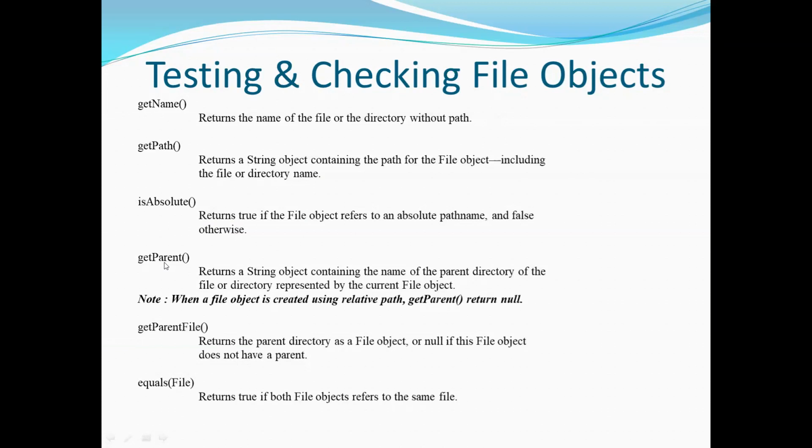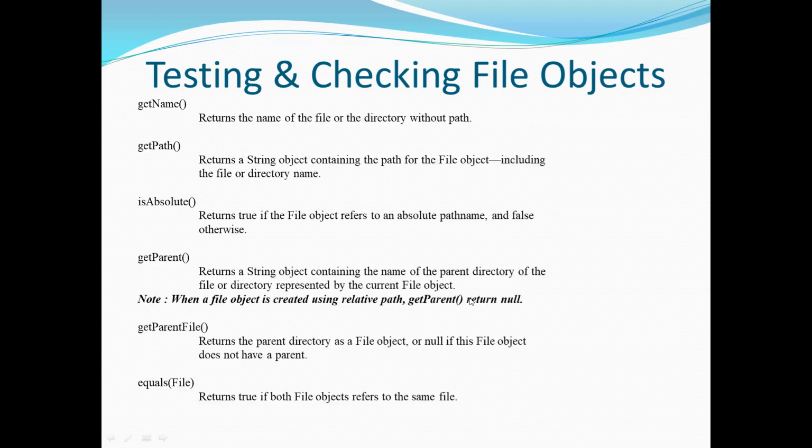If you want to get the parent of the pointing object, getParent returns a string object containing the name of the parent directory of the file or directory represented by the current file object. One thing you need to note down is that when a file object is created using a relative path, getParent will return null.